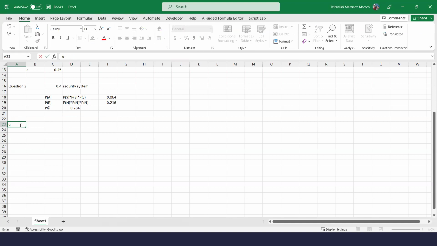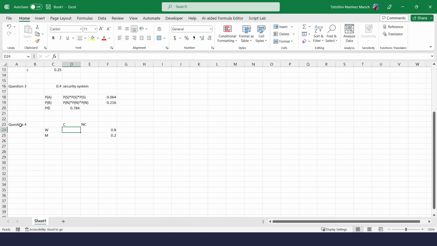Question 4. Here we're going to put women, men, and we know college and no college. The total number of women was 0.8, or 80%, and the rest is 0.20 for the men.